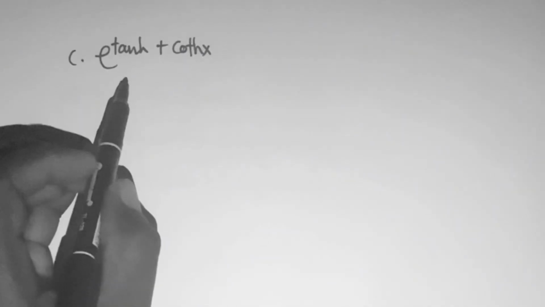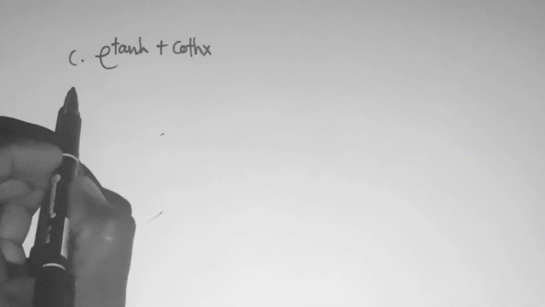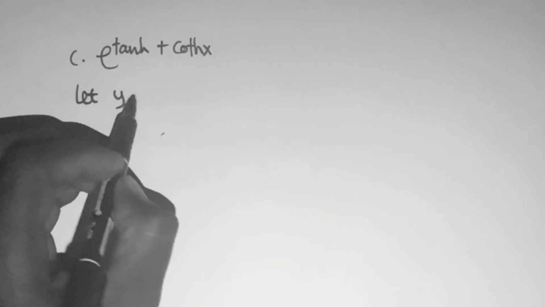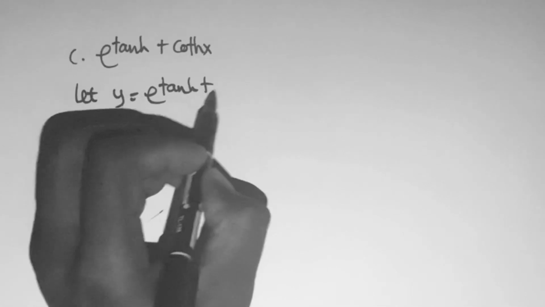So the c part is exponent of tanh x plus coth x. Let y be equal to e to the power of tanh x plus coth x.